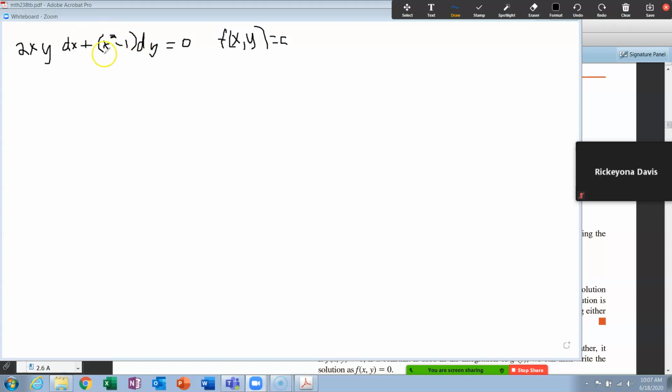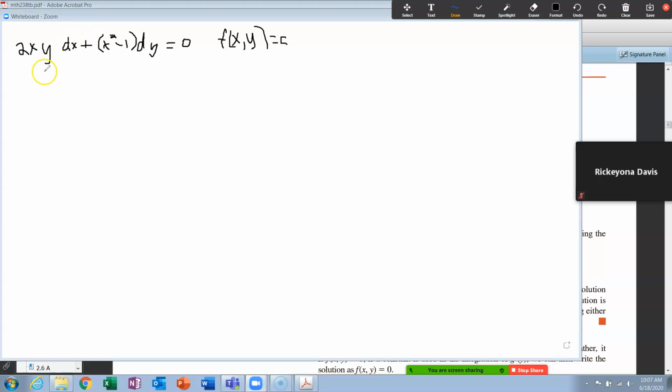Our assumption is that there's some function of x and y, a constant function, such that its partial with respect to x is going to be this, and its partial with respect to y is going to be that. And that's where we begin our solution process.